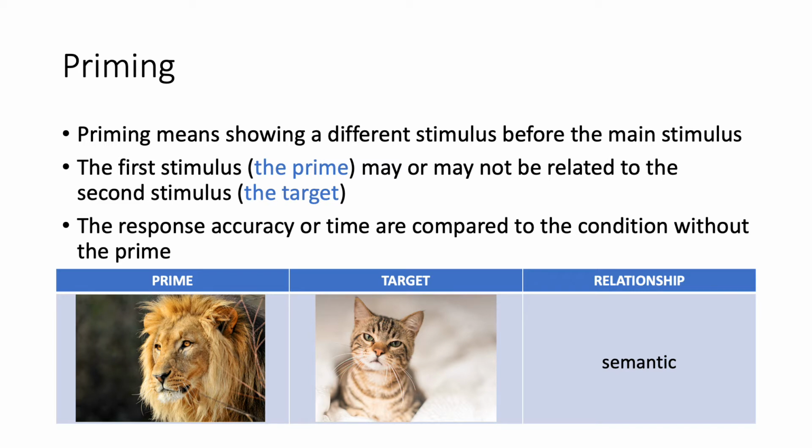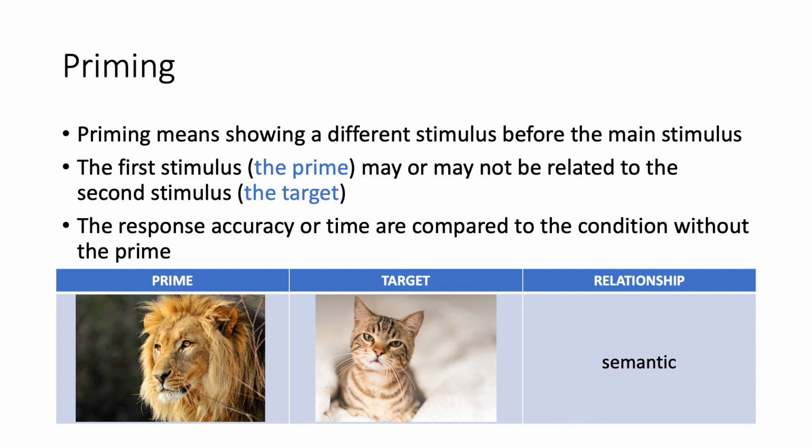To discover the inner workings of the mind while recognizing words, psycholinguists often use the technique of priming. Priming means that we show one stimulus first and then the second stimulus afterwards. And the participants of the study need to only respond to the second stimulus.